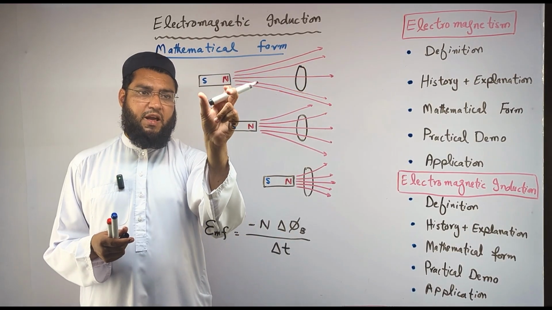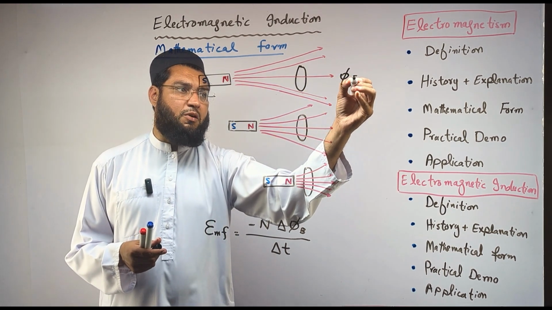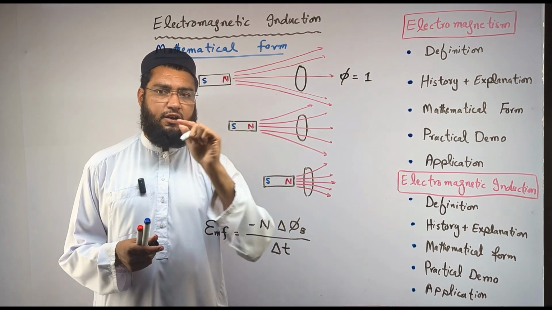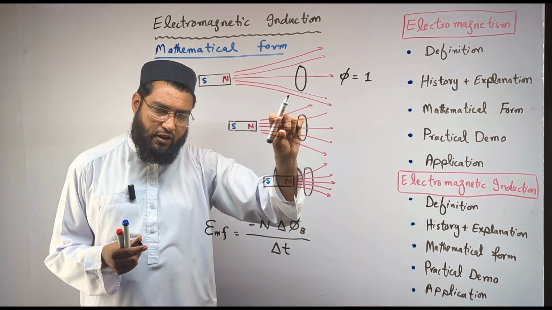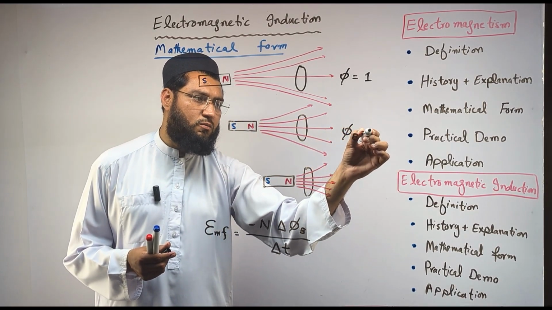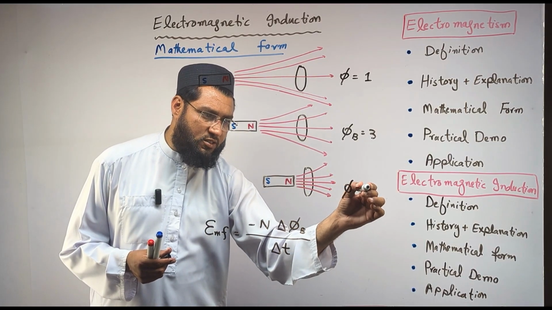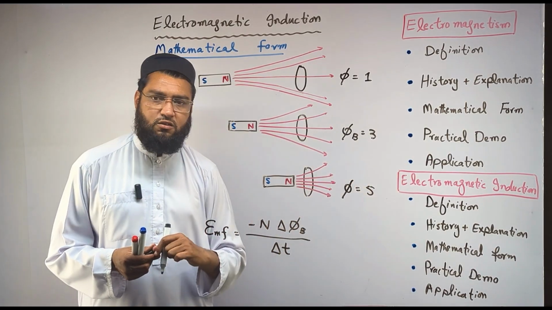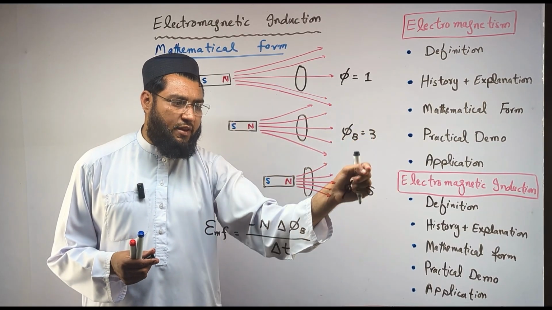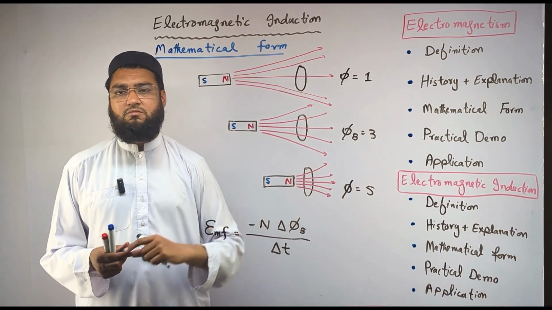When the magnet is placed here, only one flux line passes through the coil. When we go near to the coil, there are 3 flux lines passing through the coil, and here we can see that there are 5 flux lines passing through the coil. So this changing magnetic flux will produce a current in this coil.